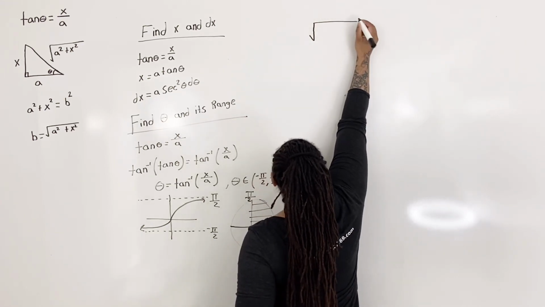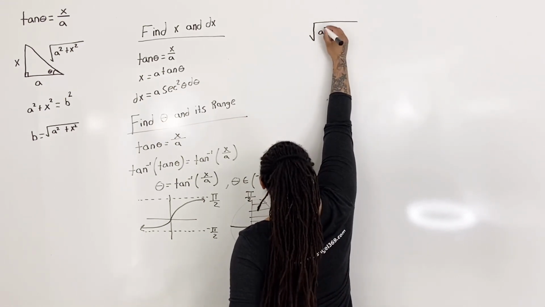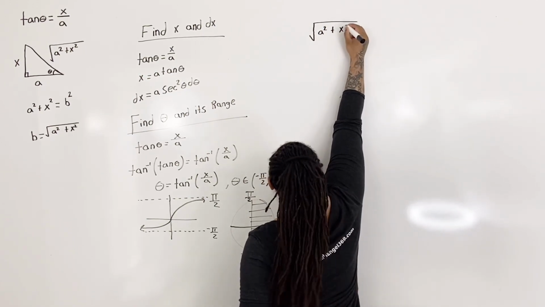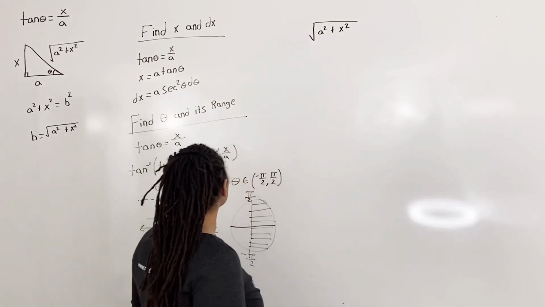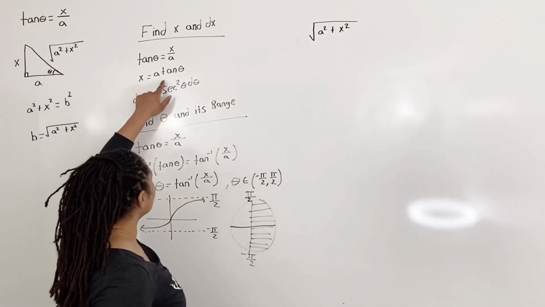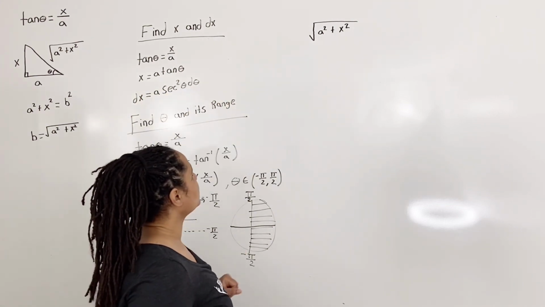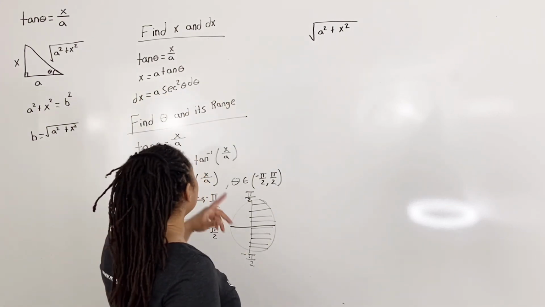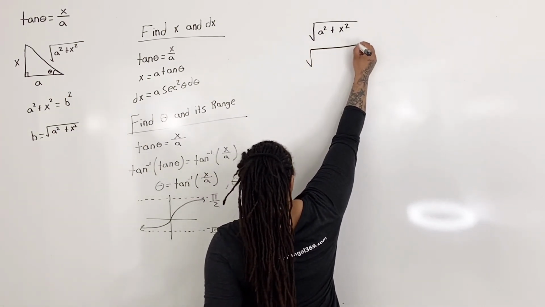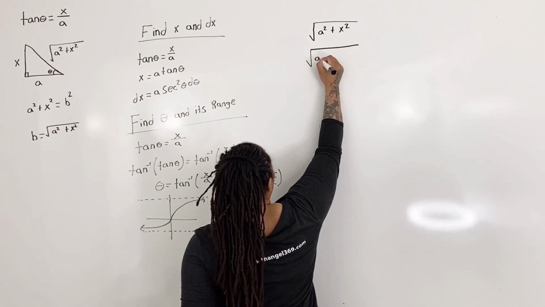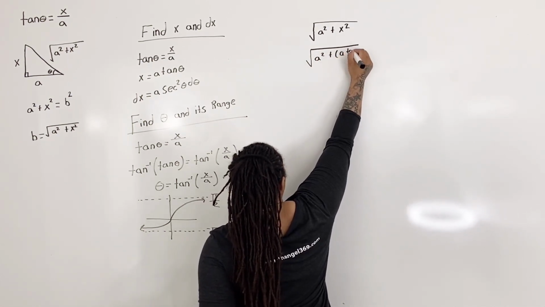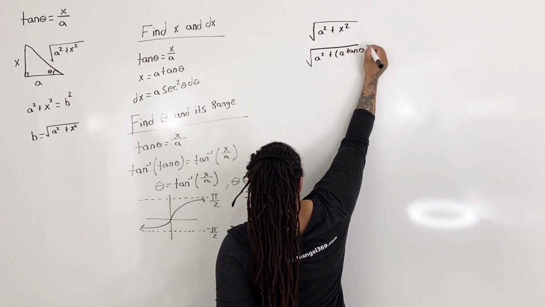That is the part that you want to rewrite. So we see that x is equal to a tan theta, so I'm just going to substitute x for a tan theta. So this is going to be equal to a squared plus a tan theta squared.